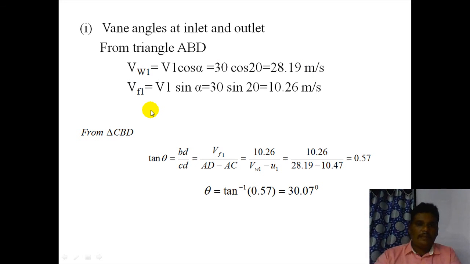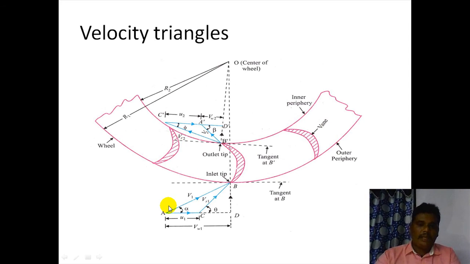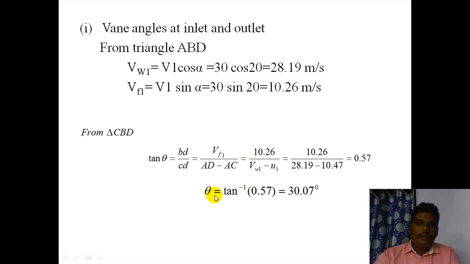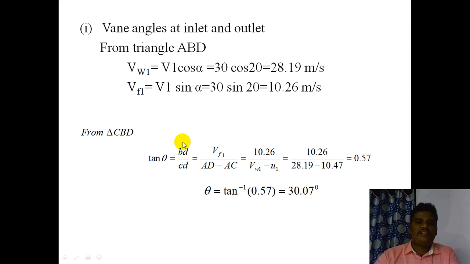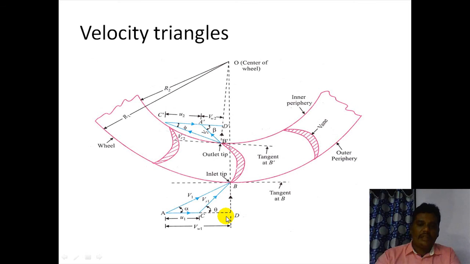Next, from the same triangle ABD, sin alpha is equal to VF1 divided by V1, where BD is nothing but VF1. From that, VF1 is equal to V1 sin alpha, that is 30 sin 20, 10.26 meter per second.